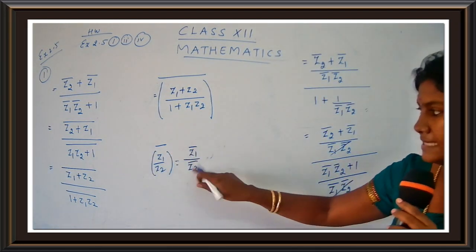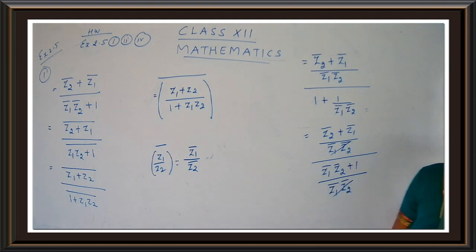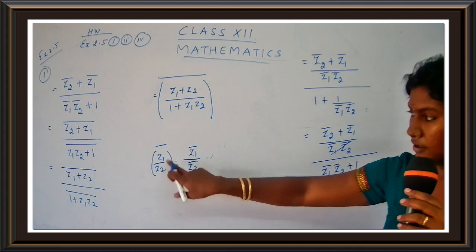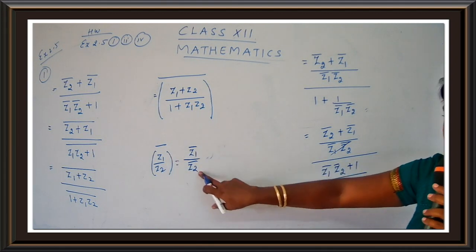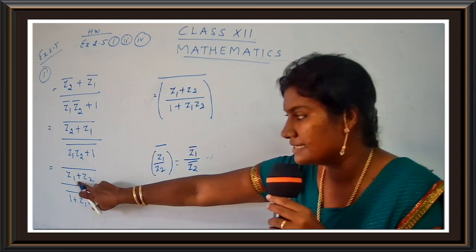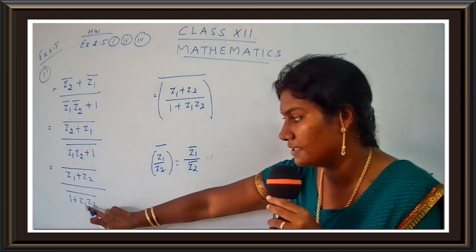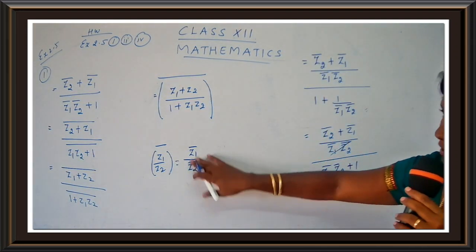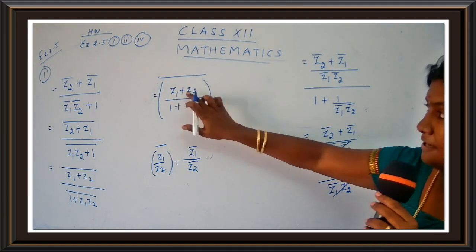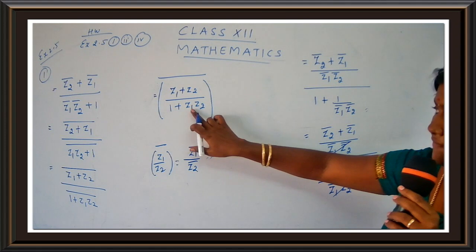So here we have the conjugate separately. Yes, children? z1 plus z2 conjugate upon 1 plus z1 z2. So you have to write this together. I am giving a common conjugate. So z1 plus z2 upon 1 plus z1 z2, the whole conjugate. Clear?